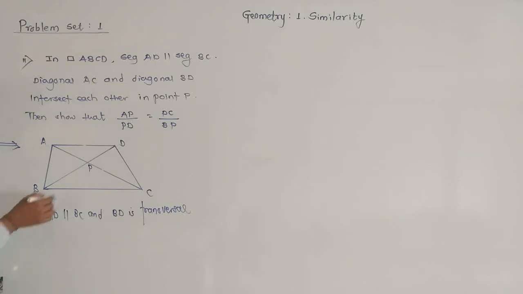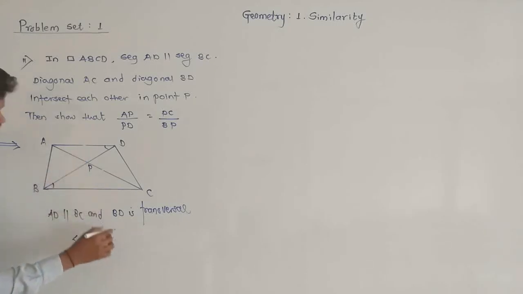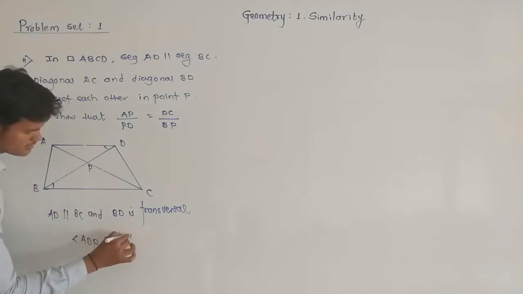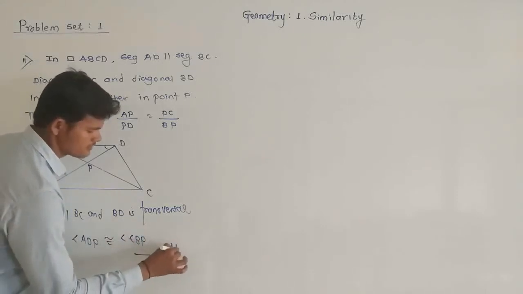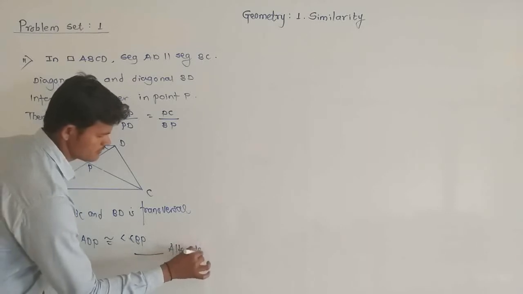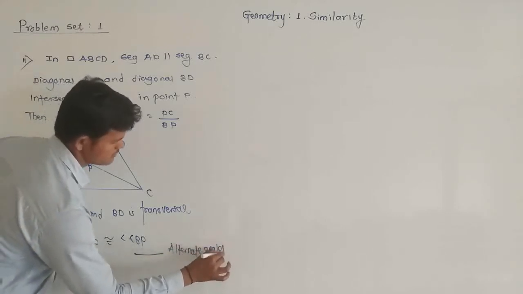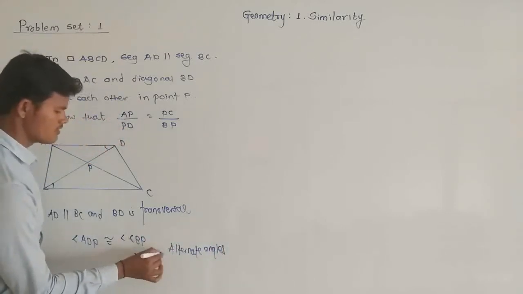So measure of angle ADP is congruent to the measure of angle CBP. Why? Because they are alternate angles. This is equation number first.